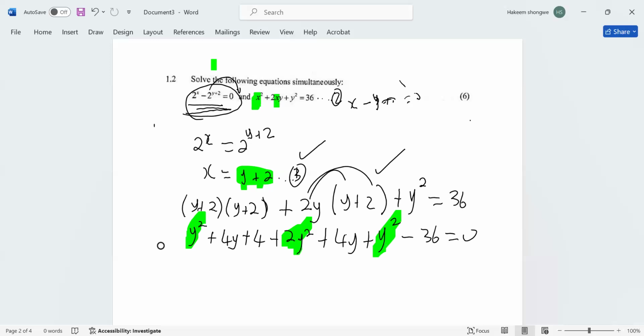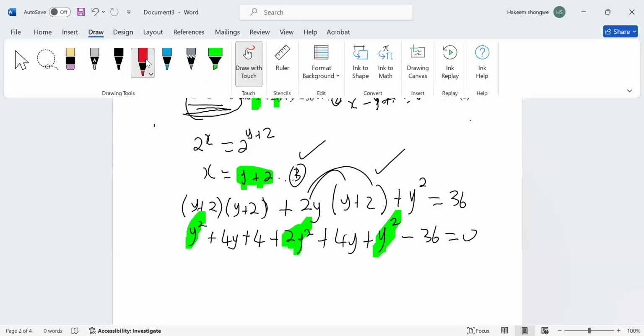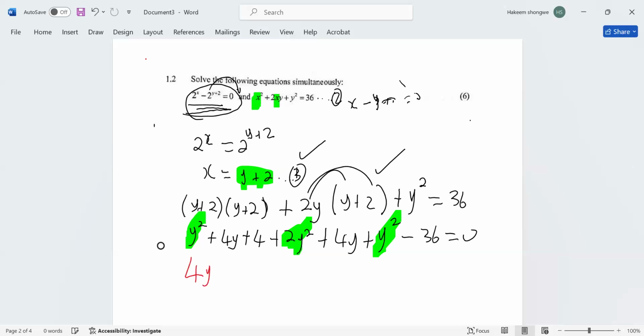So you have 1 plus 2 plus 1, which gives us 4y squared. And then you check the ones which have y only. This one has y, this one has y, you have another one which has y. This is going to be plus 8y.